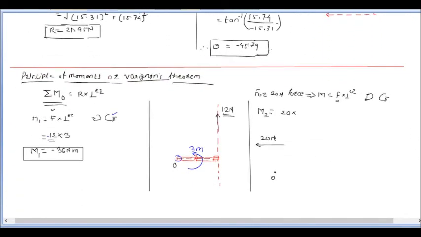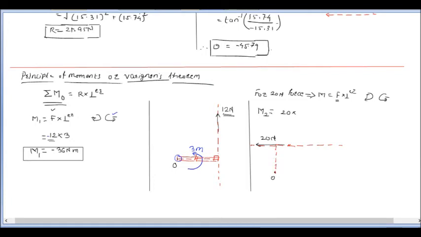Now once again to find this perpendicular, what do I have to do? First draw the line of action of this 20 Newton force. This is the line of action of the 20 Newton force, and on this line of action drop a perpendicular from this fixed point. So from this fixed point I can drop the perpendicular this way.